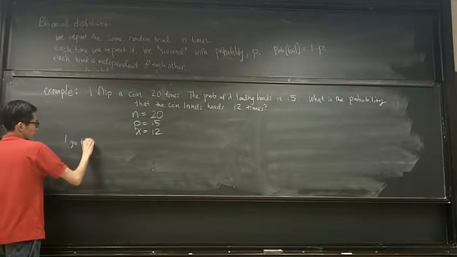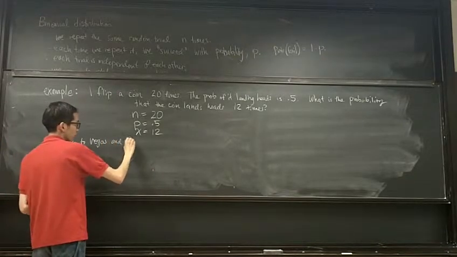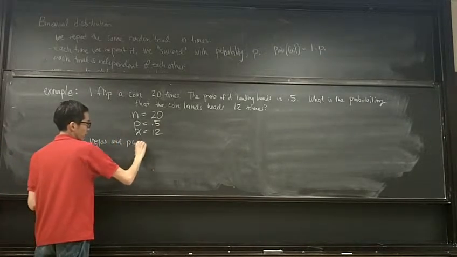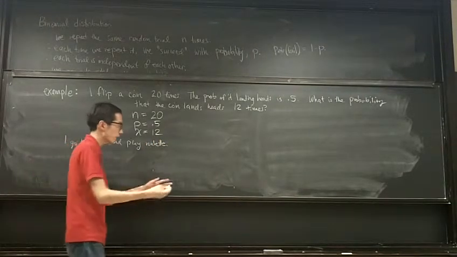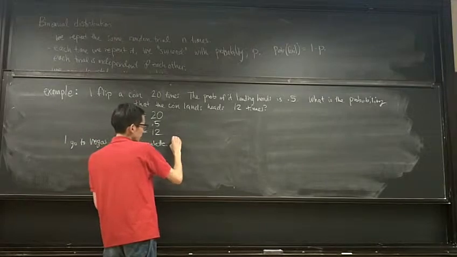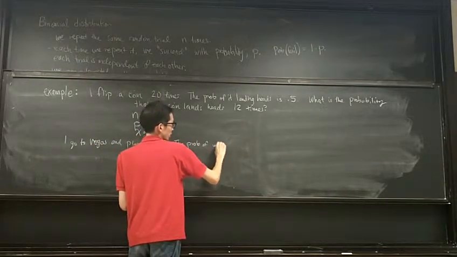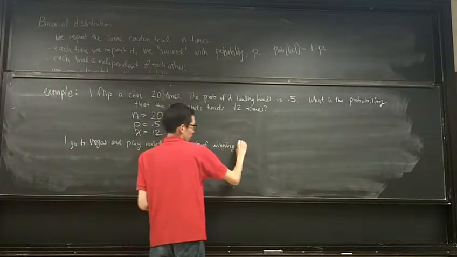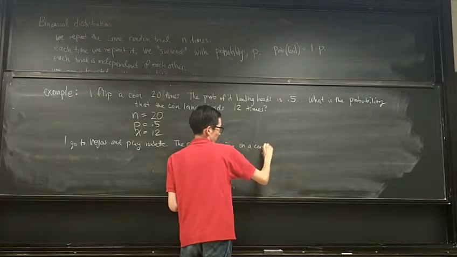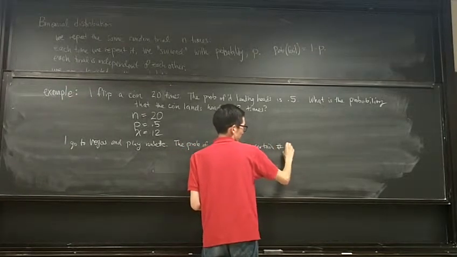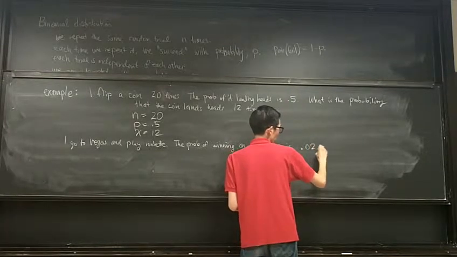I go to Vegas and play roulette. Okay. Let's just say, for simplicity's sake, the probability of winning on a certain number is 2%. Okay.